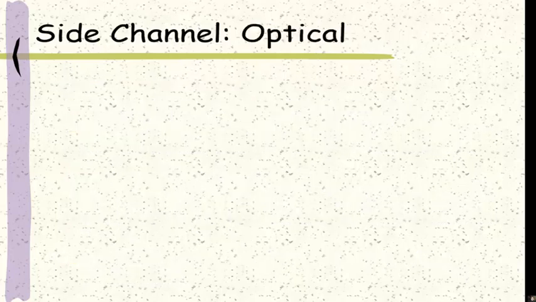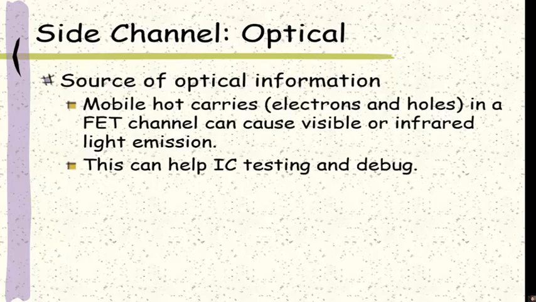Optical emissions come from the movement of hot carriers, including both electrons and holes. When they move in a FET channel, they can cause a visible or infrared light emission. This can be captured by charge-coupled device cameras and used to help IC testing and debugging.